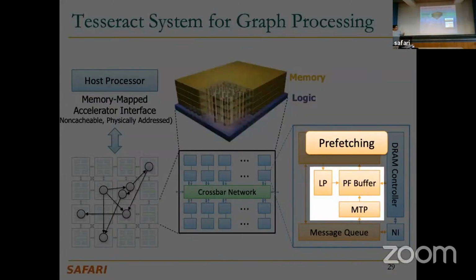Okay, and then it's possible to do prefetching for some operations. The core will really need to bring data from other vaults or from other parts of the memory. So you can either do line prefetching, that basically prefetches the next cache line, and this is especially useful when you have streaming access patterns.